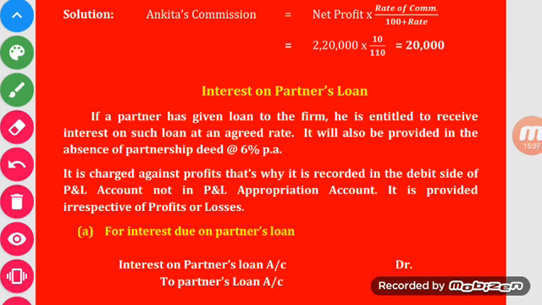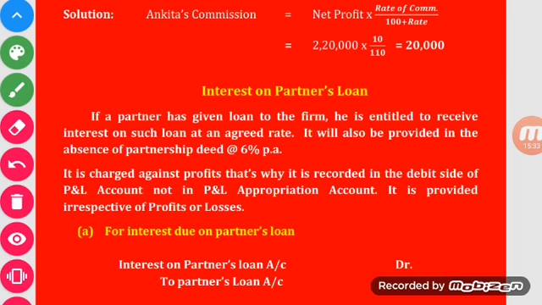The next concept is interest on partner's loan. How to treat it while preparing profit and loss appropriation account. If a partner has given a loan to the firm, he is entitled to receive interest on such loan at an agreed rate as per the partnership deed.